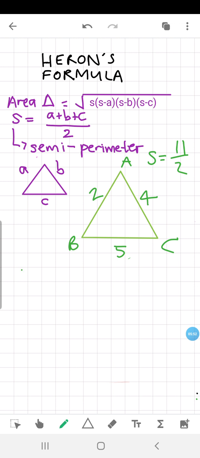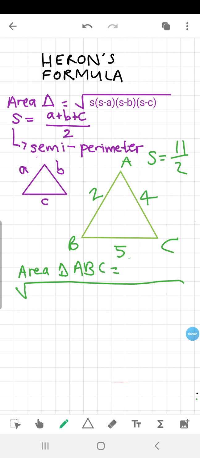Okay. So the area of triangle ABC is equal to, we have to write the formula. The semi-perimeter minus, now I can't say A because I do actually have sides, so this would be AB.